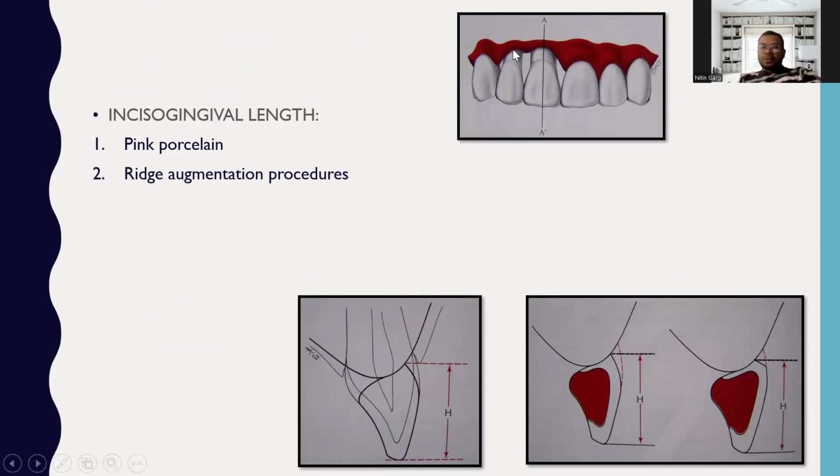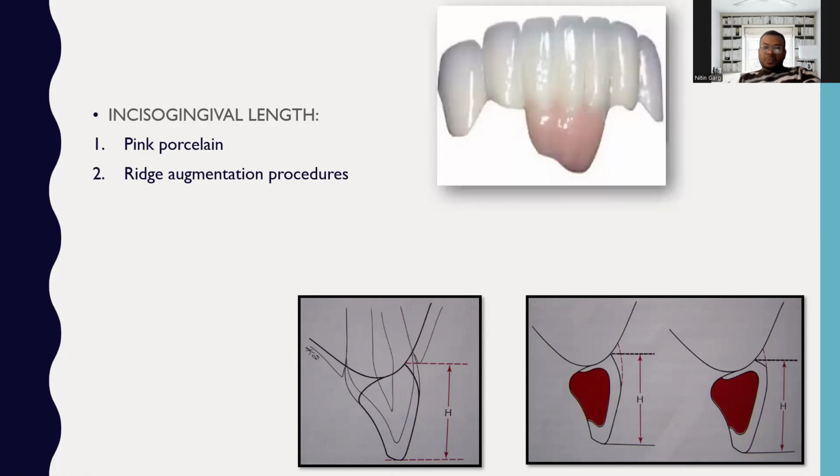So either you do a ridge augmentation procedure where you give a bone graft, then a soft tissue graft to get your ridge contour back to the normal height, or else your Pontic should have a pink porcelain that resembles your gums. Something like this.